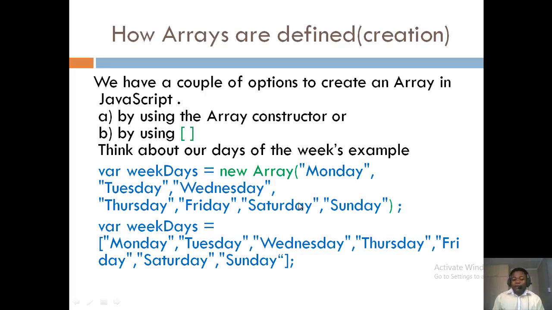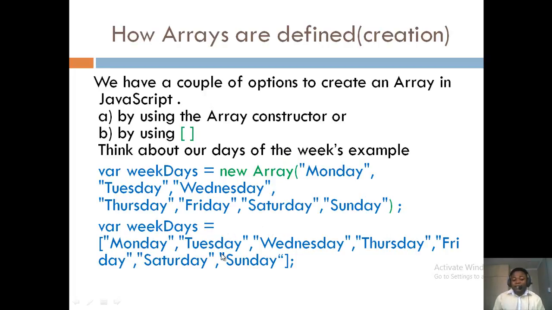Now there's a second way which we are going to be using in this series, and that is just by using the square bracket. So we just say var, the keyword var to create a variable in JavaScript, var weekdays, and then we have our assignment operator.